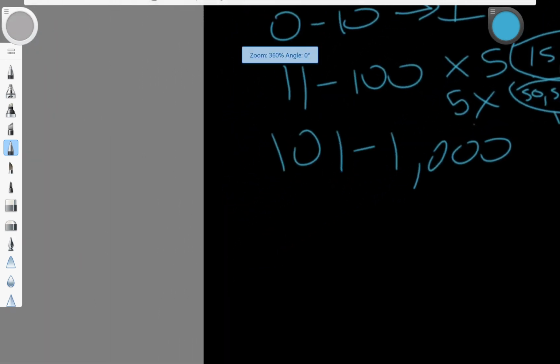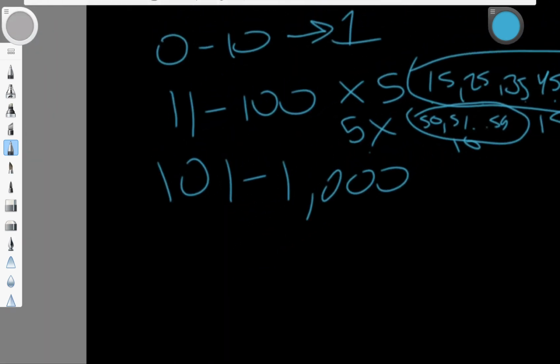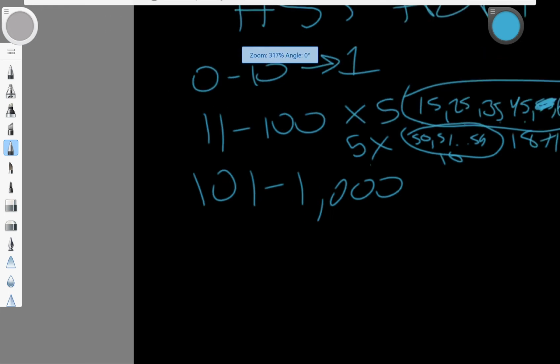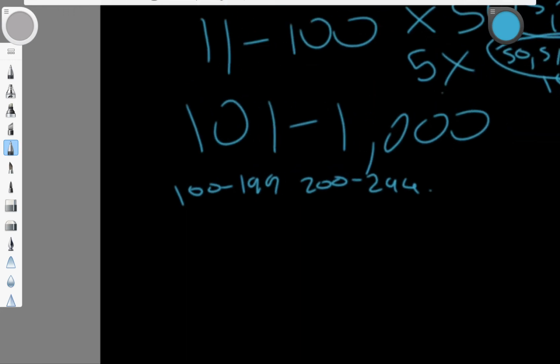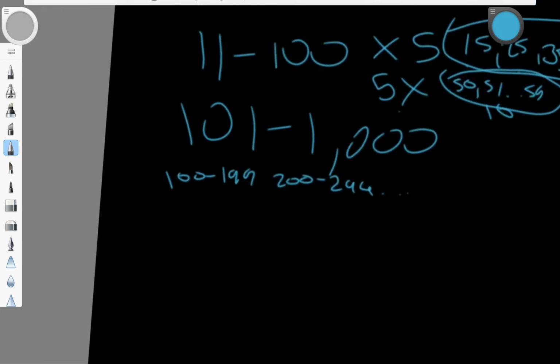Now 101 to 1,000. How can we possibly approach this? Well, let's think: we have 100 to 199, 200 to 299, all the way up to 900 to 999, right?